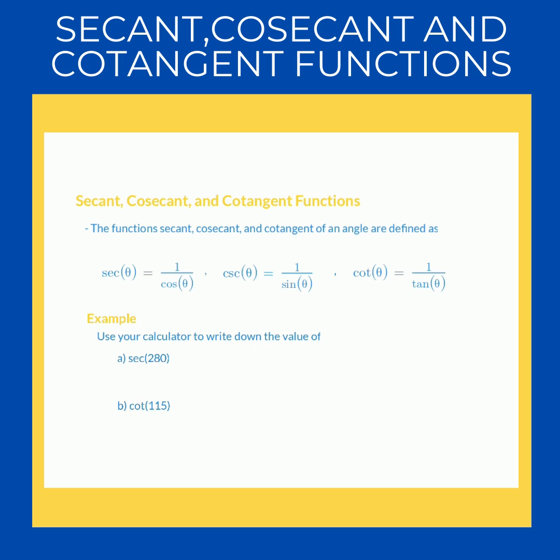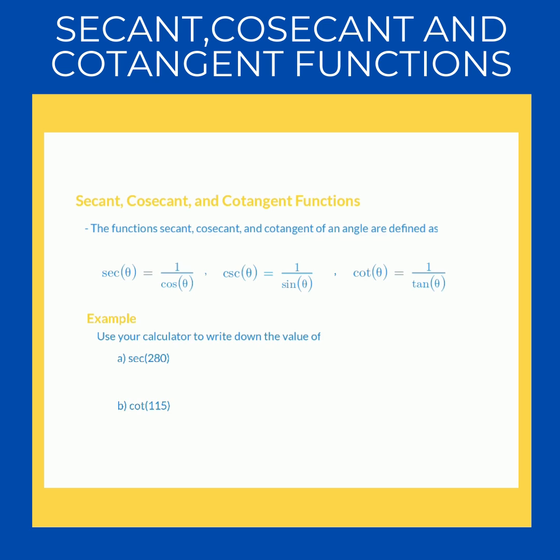So in this example, it says use your calculator to write down the value of, in part A, secant of 280 degrees. Now we know that the secant of the angle theta is 1 over cosine theta.